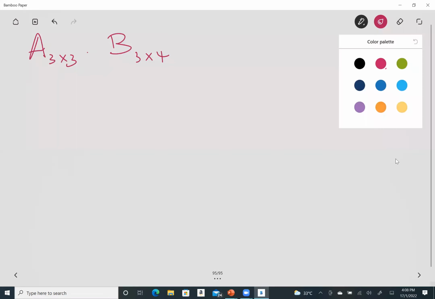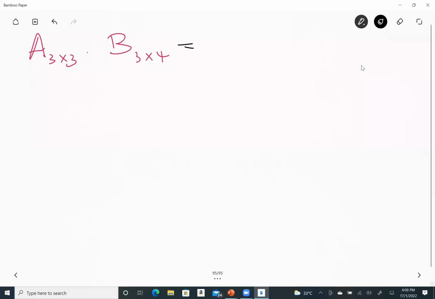So consider that example, we come up with an example of a matrix. So let's say A will be equal to... So 3 and 3, they are the same, okay? So C, you must have a 3 by 4 matrix. So that will be the product matrix.